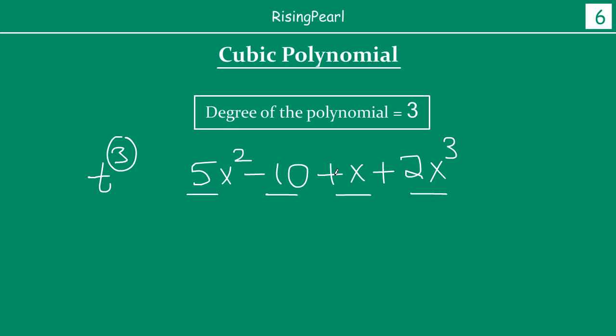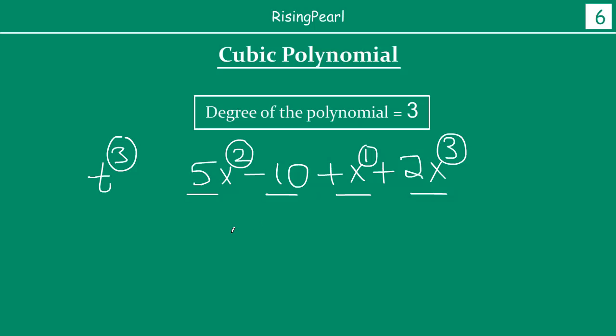Now if you carefully look at the degree of the polynomial, you will see the first term, the third term and the fourth term have the variable terms. So the first term is raised to power 2, the third term is raised to power 1, the fourth and final term is raised to power 3. So this is a polynomial in x where the highest power is 3. So the degree of this polynomial is 3, and because of that, this is a cubic polynomial.